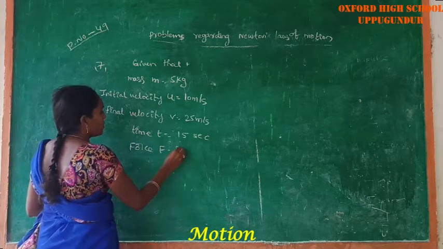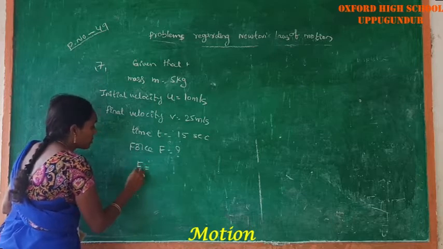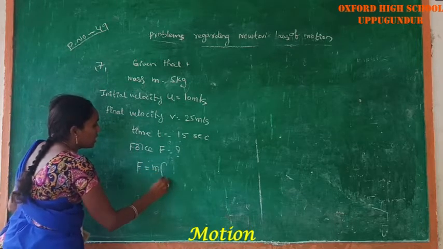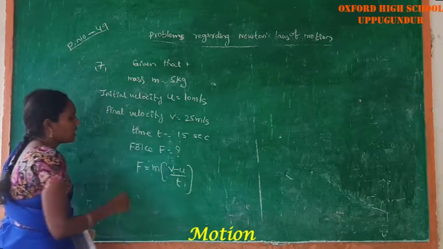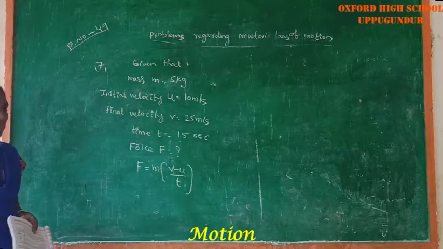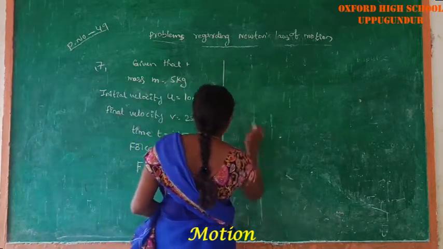Our required value is force. We know very well the formula for force in terms of mass, initial and final velocity, and time: F is equal to m into (v minus u) by t. Substitute all those values in this equation.